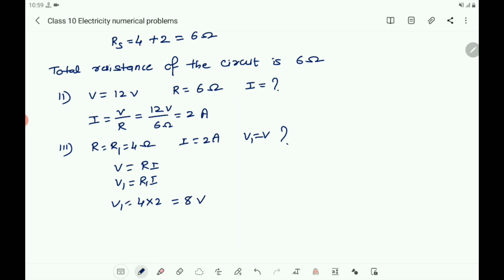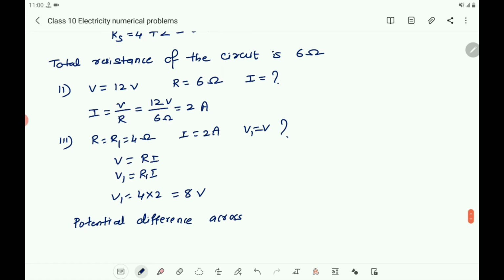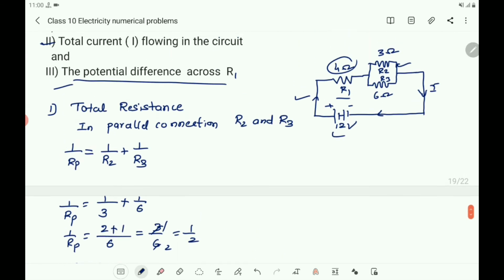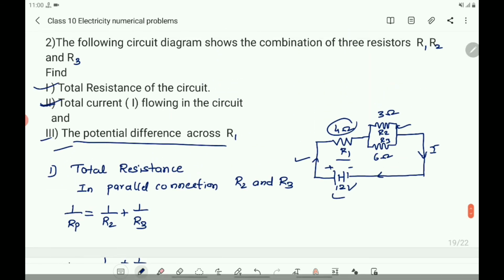So the potential difference across R1 is 8 volts. So you got the answer to all the 3 questions.